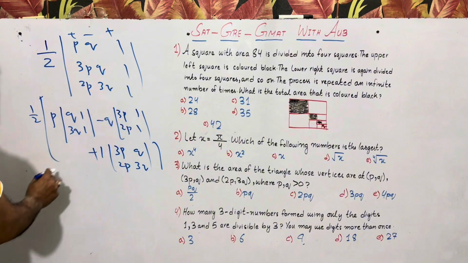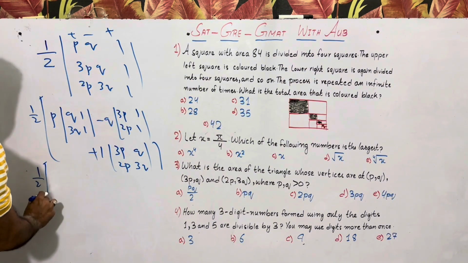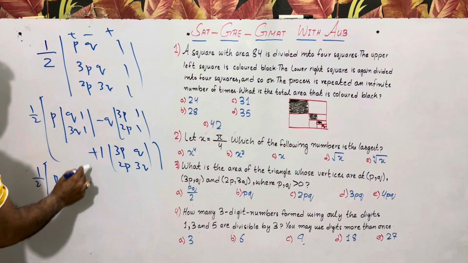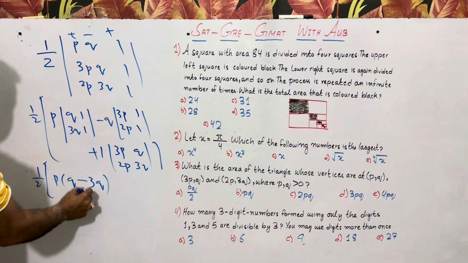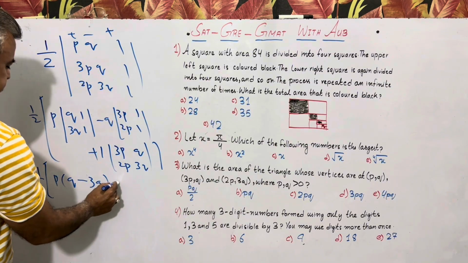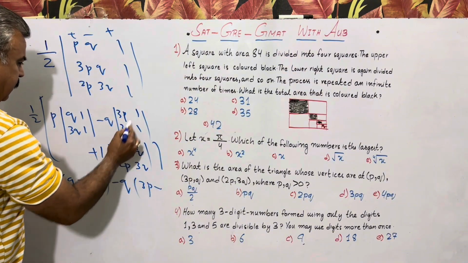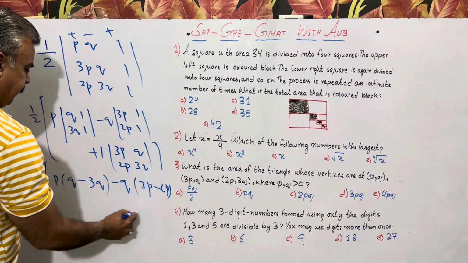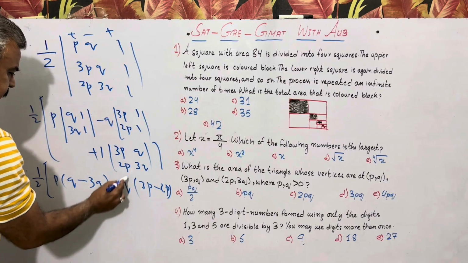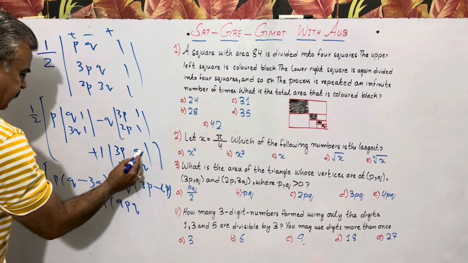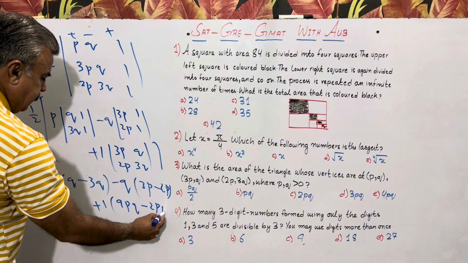Okay, expanding them: q times 1 minus 3 times q, 1 over 2 half, same p, that is 1 times q minus 3 times q. 3q times 1, that's 3q, negative q. We have 3p times 1, 3p, negative 2p times 1, it's 2p, plus 1 as usual. It will become 9pq, multiplied by minus 2pq.